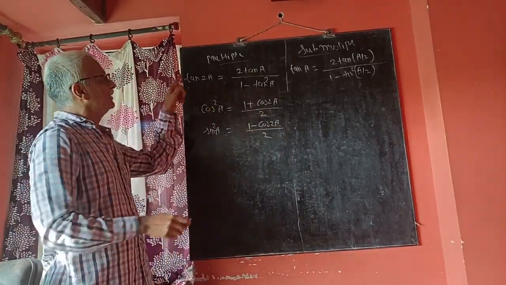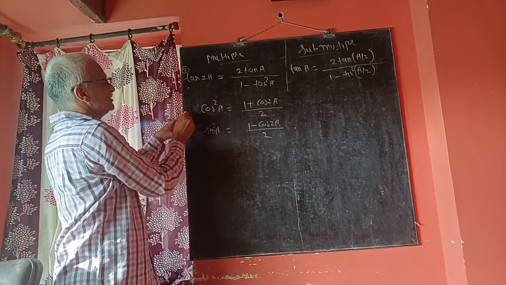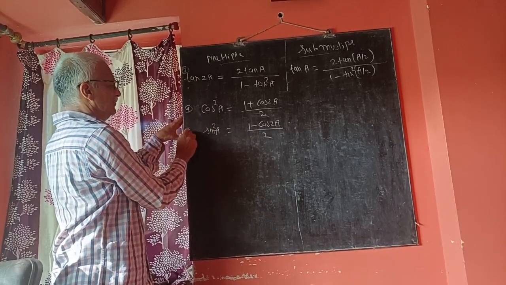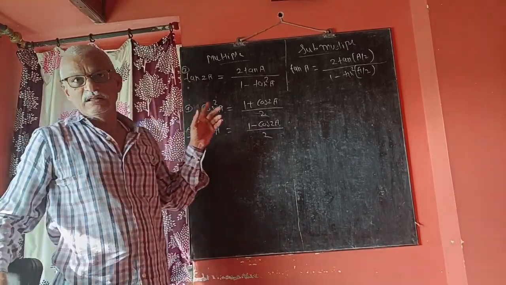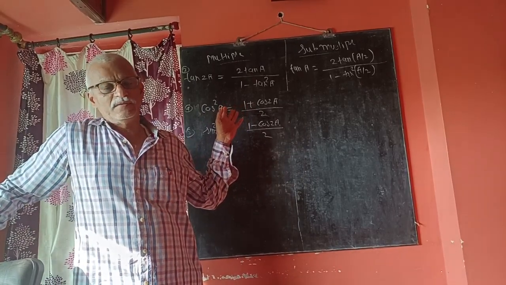So this is the third, this one is the fourth. These are the multiple angle formulas for 2A.